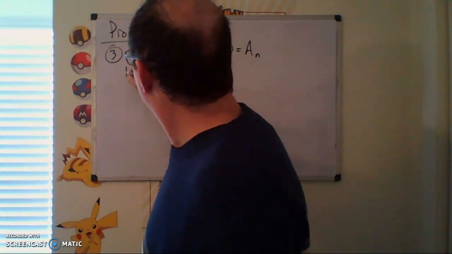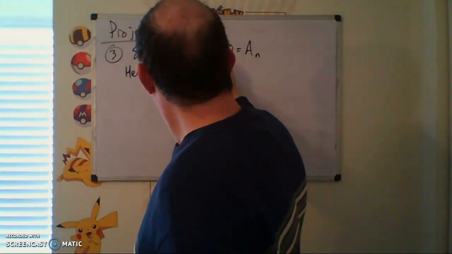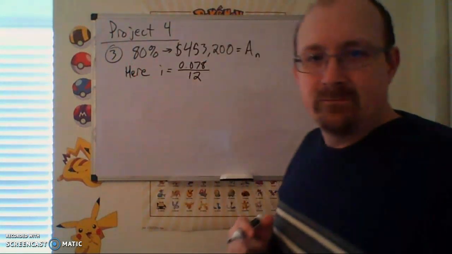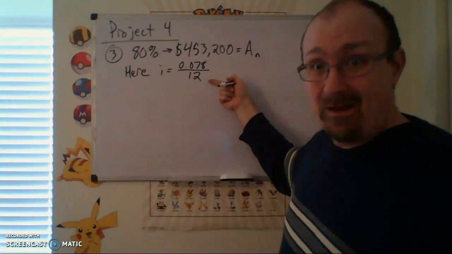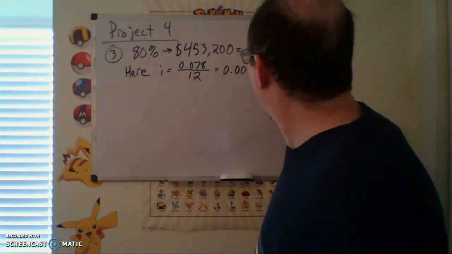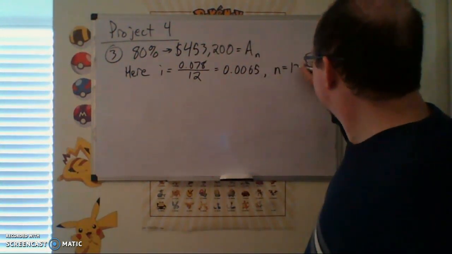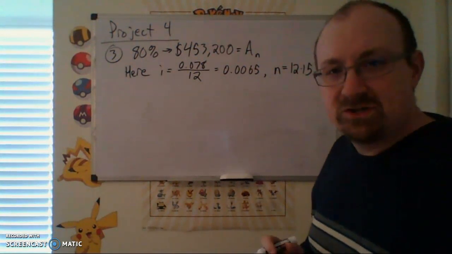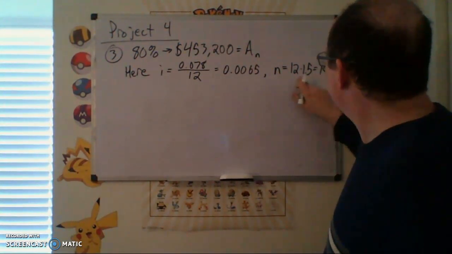All right, so their annual interest rate is 0.078. To get the periodic rate, we've got to divide by 12 because they're making monthly payments. When I did that, I got 0.0065. The N in this instance, they're doing 15 years, 12 months in a year, so they have 180.